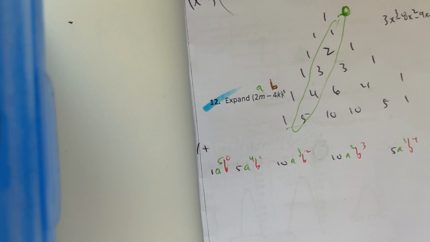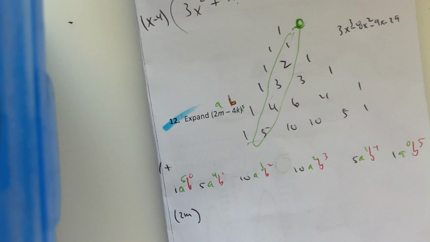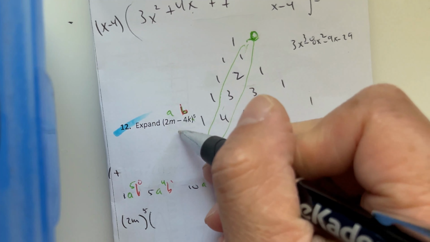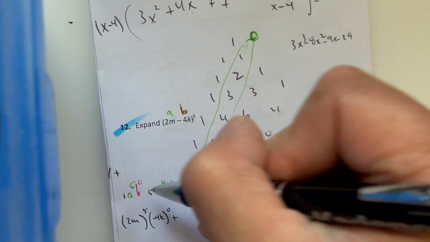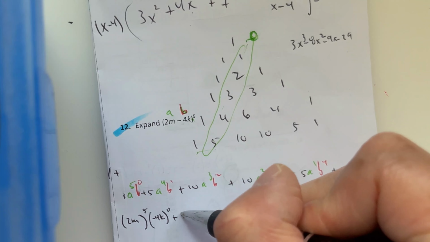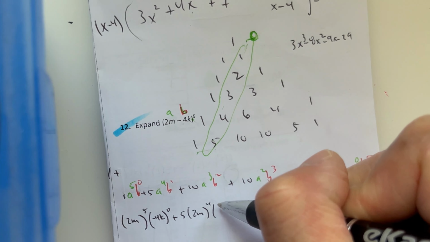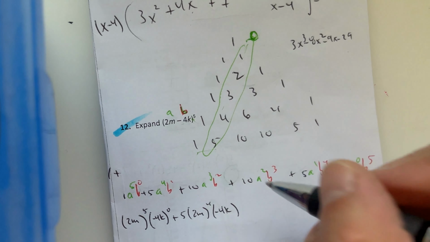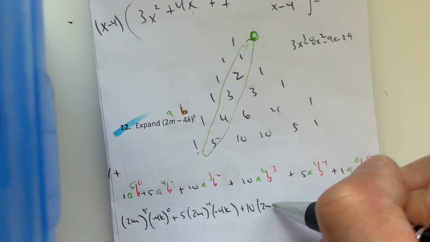And then I have to do a substitution. So the A value is 2m. My B value is negative 4k to the 0 power. I'm just going to put a plus sign. They are positives for now. 5. The A value is 2m to the 4th power. B value is negative 4k. Okay, now we're going to do this one. A is 2m to the 3rd power.